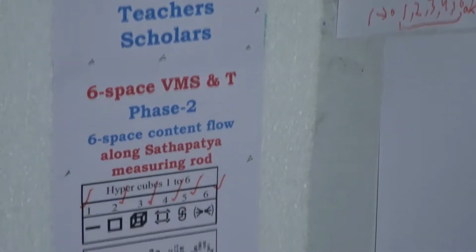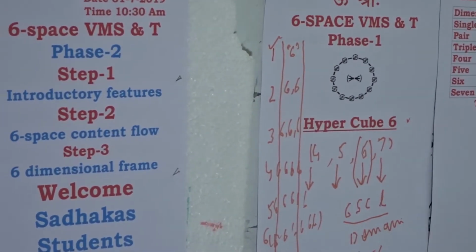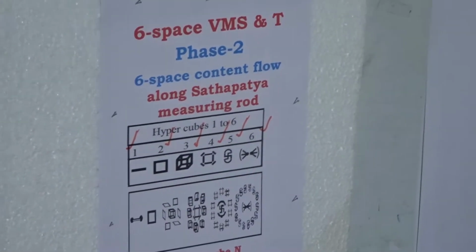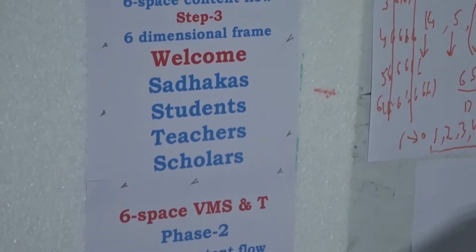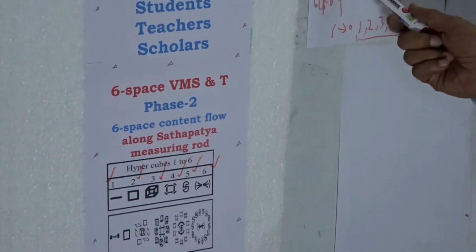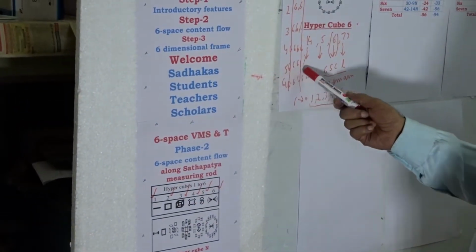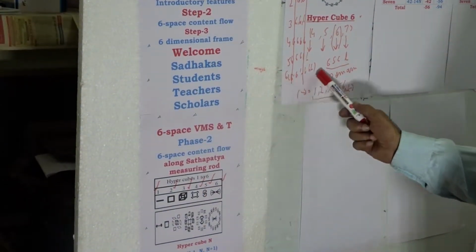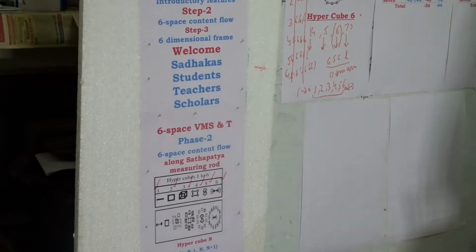The 6-space content along a pair of axes manifesting and availing this format of hypercube 2, then triple dimensions availing the format of hypercube 3, then quadruple dimensions availing the format of hypercube 4, penta dimensions availing the format of hypercube 5, and hexa dimensions availing the format of hypercube 6.